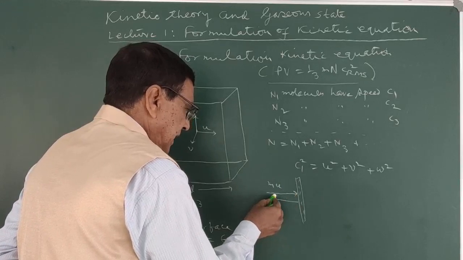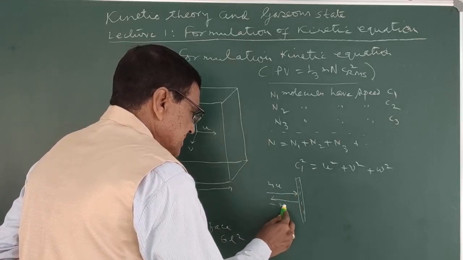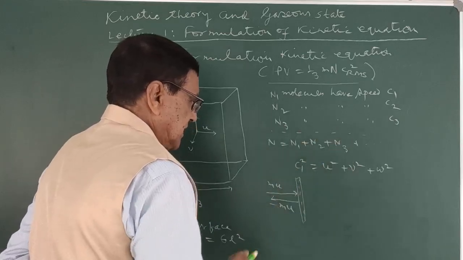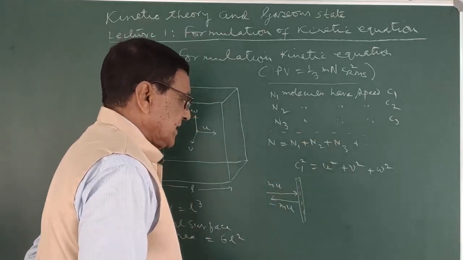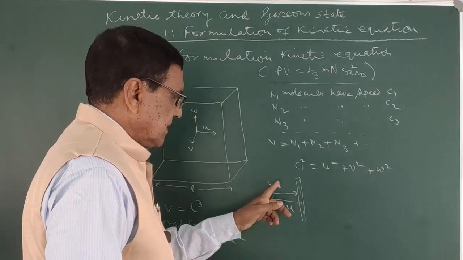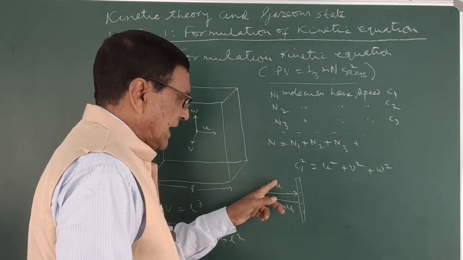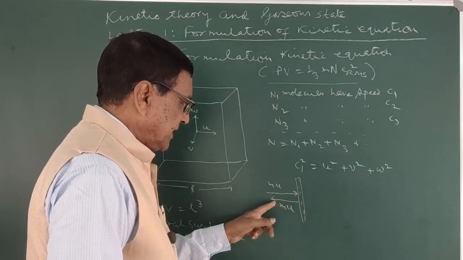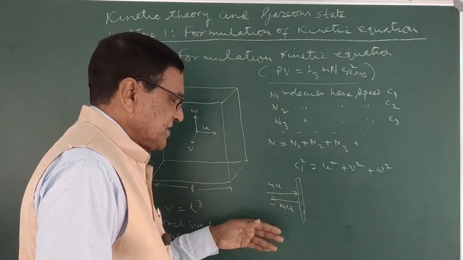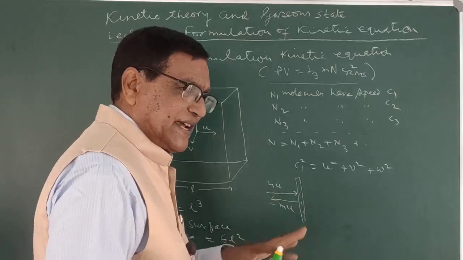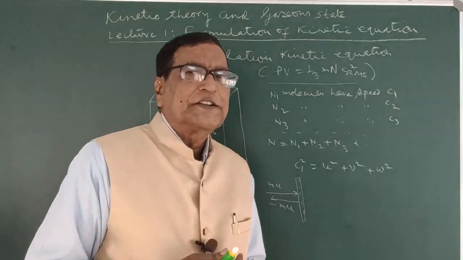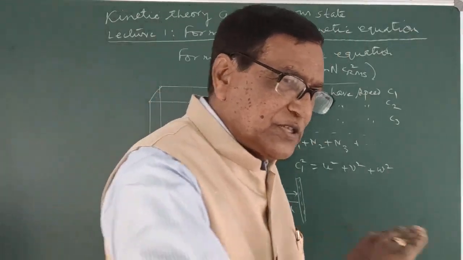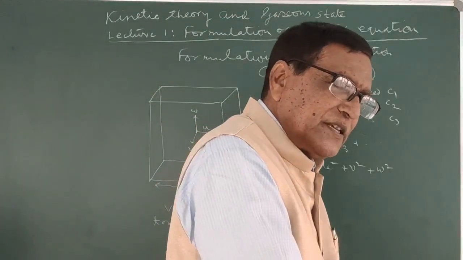When it is coming back, it is minus mu. mu is the momentum along this x direction, and minus mu along the reverse direction of the x-axis. So the minus sign is given as the direction is reverse. If you go this way, then positive. If you come this way, then negative.